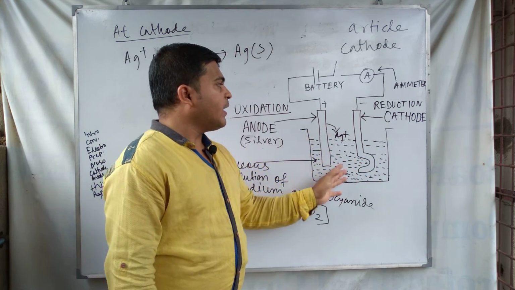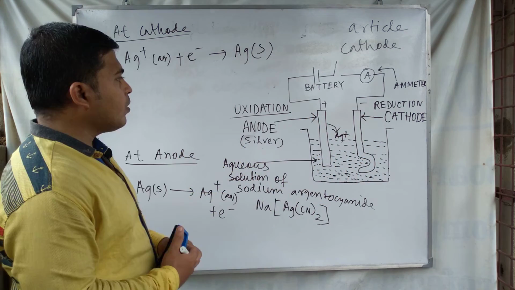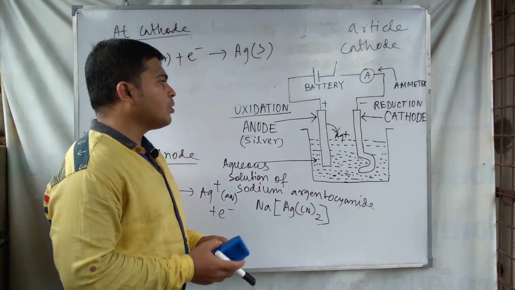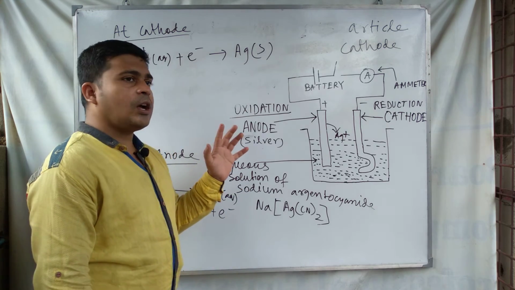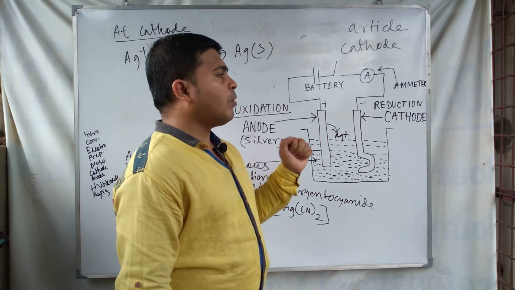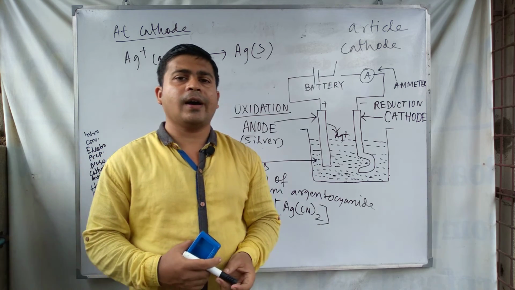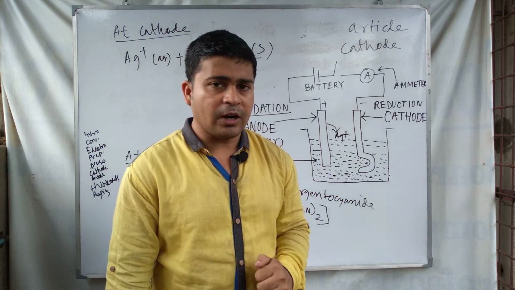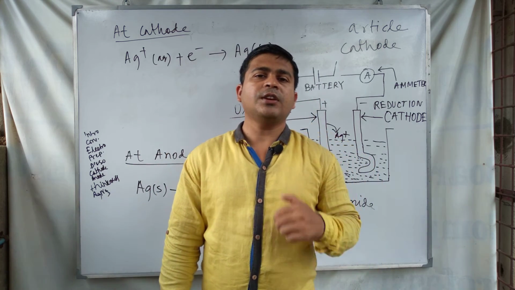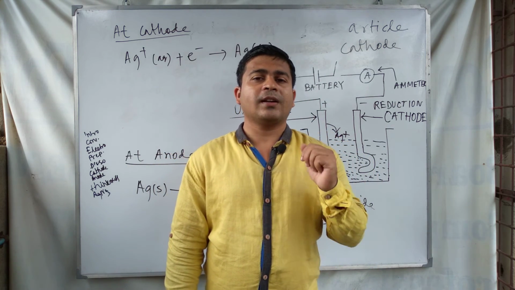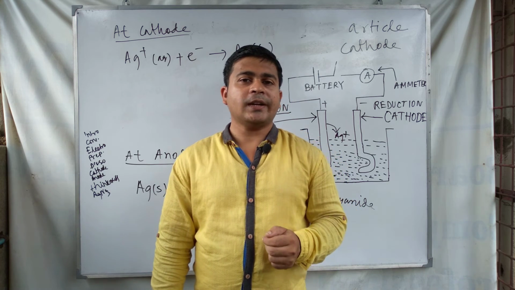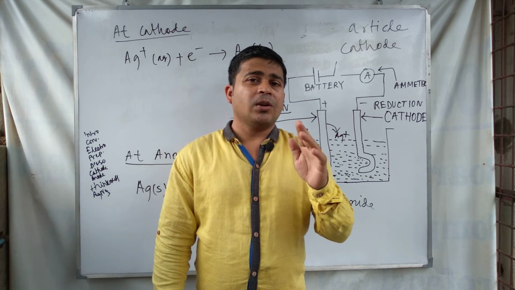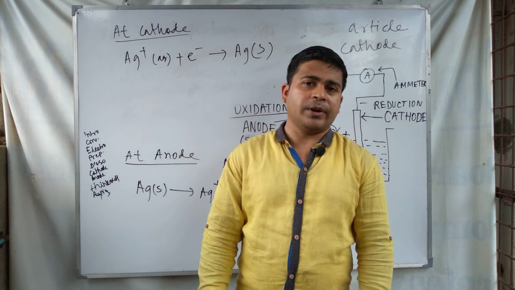This is the total process of electroplating a brass article with silver metal. I think you understand how to electroplate a brass article with silver metal.